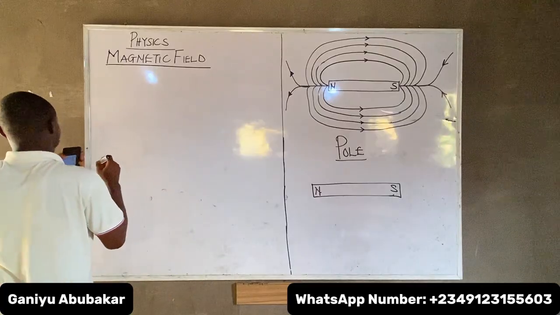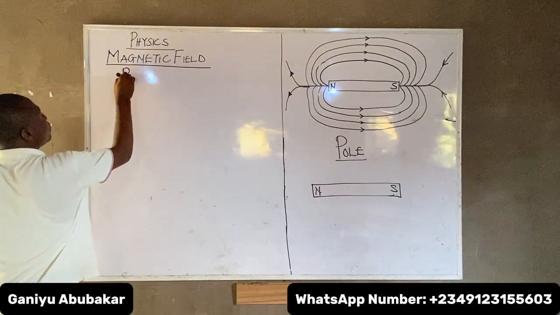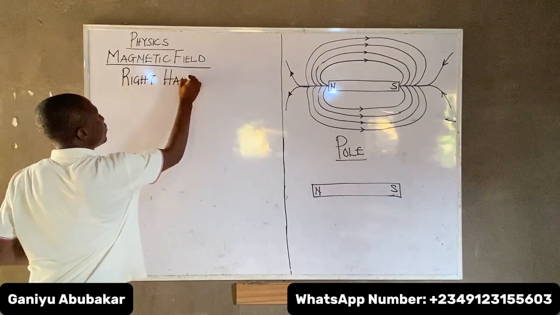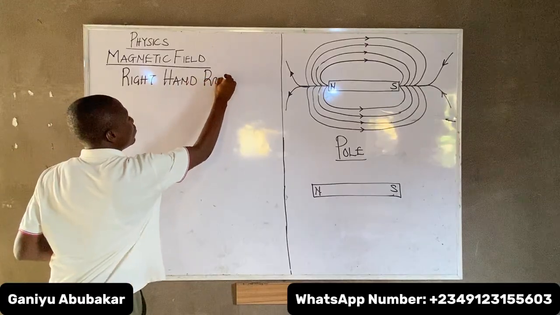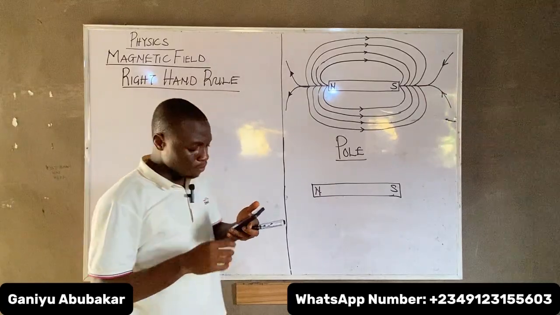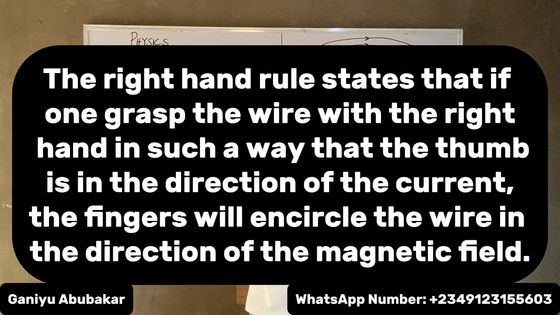The right hand rule states that if one grabs a wire with the right hand in such a way that the thumb is in the direction of the current, the fingers will encircle the wire in the direction of the magnetic field.